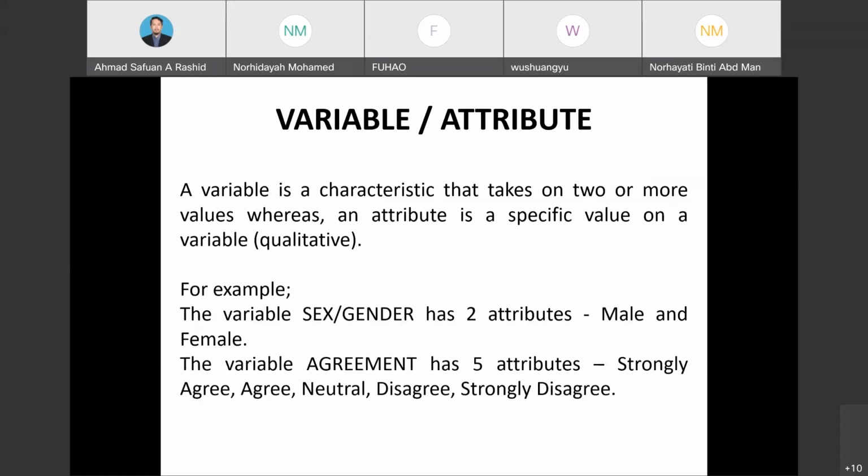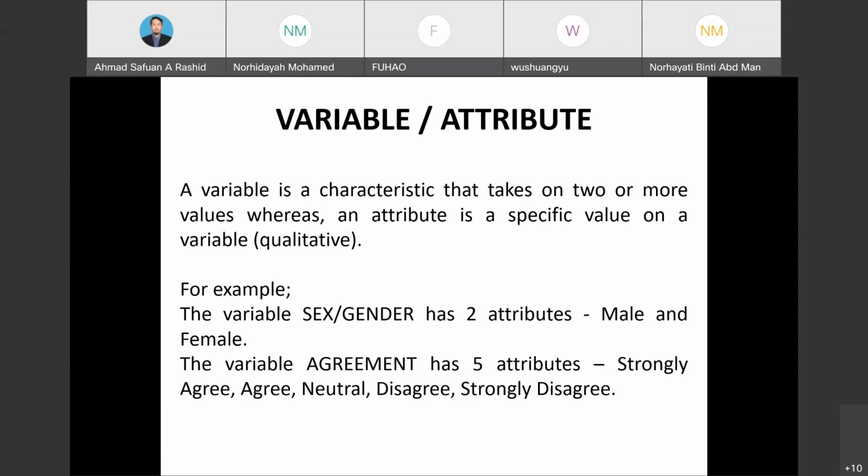A variable is a characteristic that takes on two or more values, whereas an attribute is a specific value on the variable, qualitative. So this is a little differentiation between variable and attribute. For example, the variable sex or gender has two attributes, which are male and female.